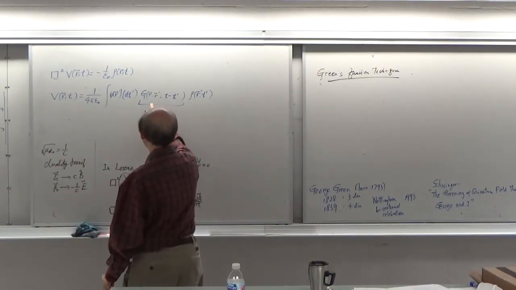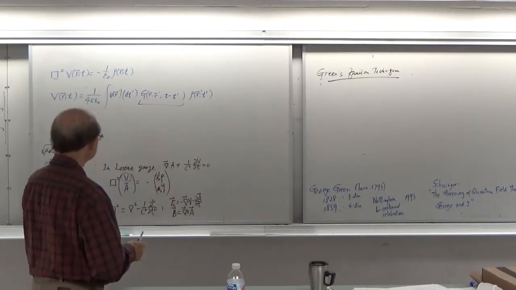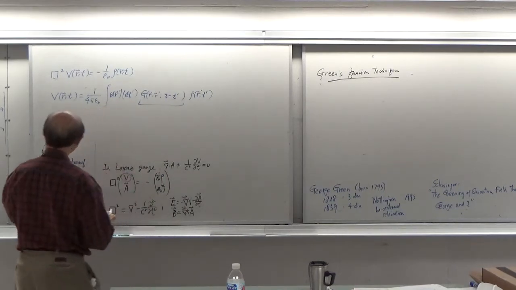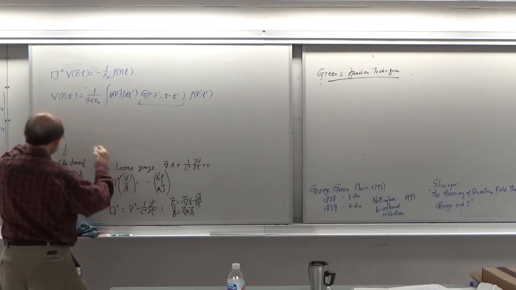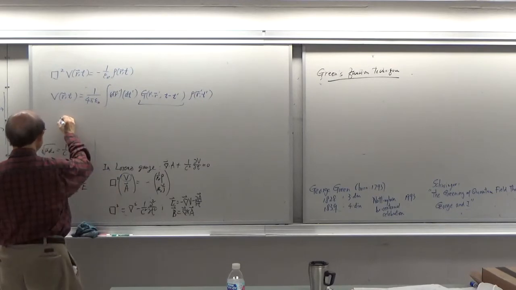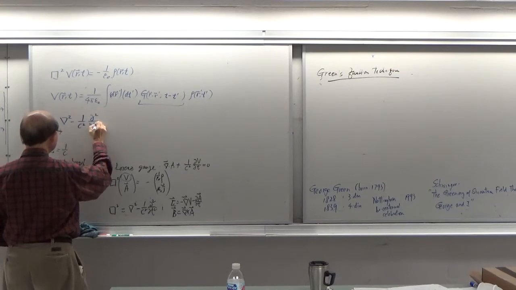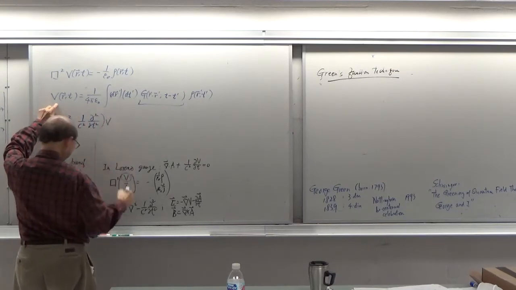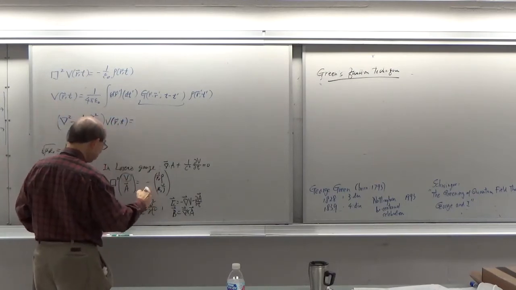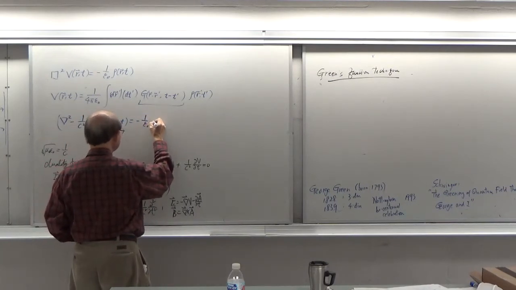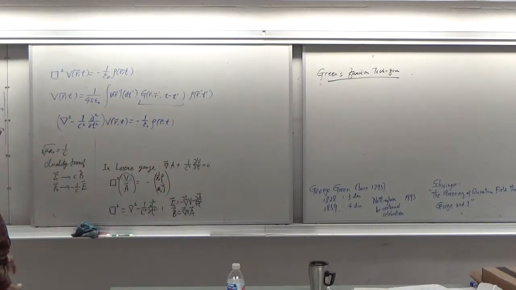Now to see what kind of conditions the Green's function has to satisfy, that's easy. Obviously, we want this V to obey this. So we want the Laplacian minus 1 over c squared del squared by del t squared acting on this V(r, t) to be equal to minus 1 over epsilon naught rho at (r, t).